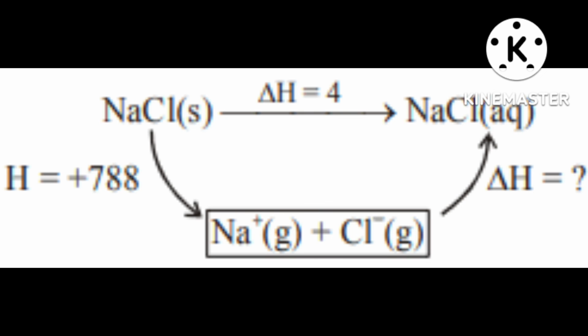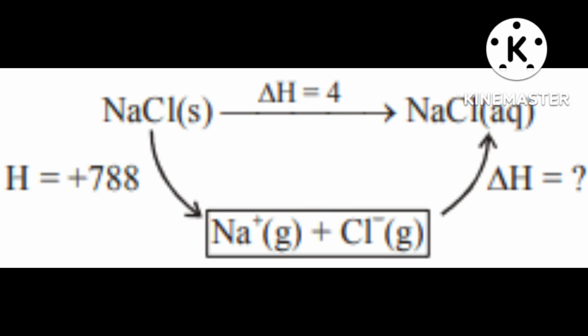It is a minus value. That time when water molecules are associated with an ion, a chloride ion or a sodium ion, any ion, heat is released. The hydration energy value is minus 784 kilojoule per mole.